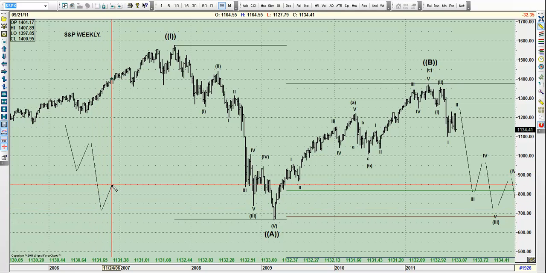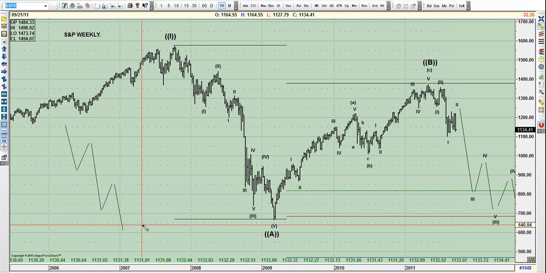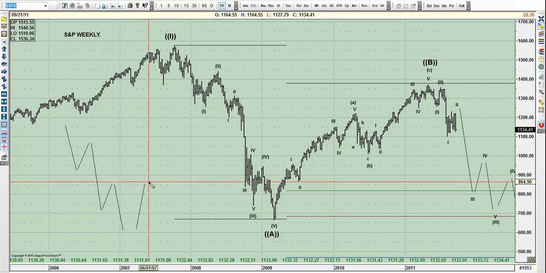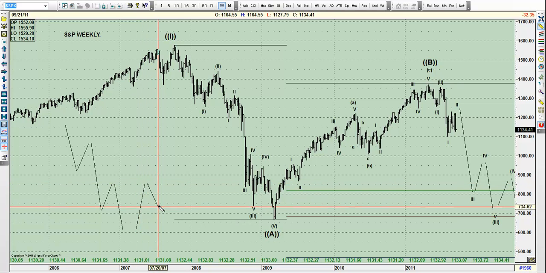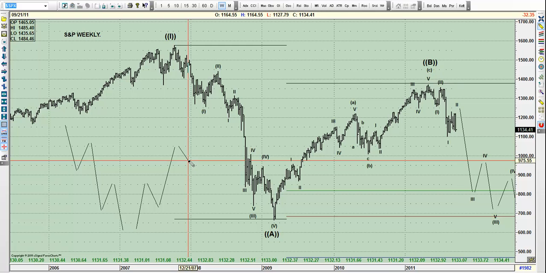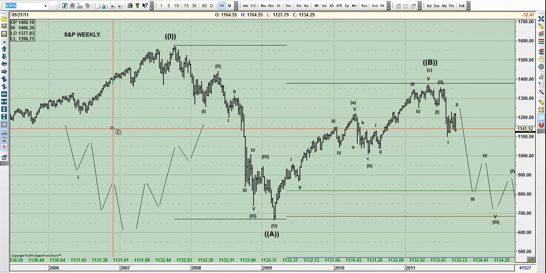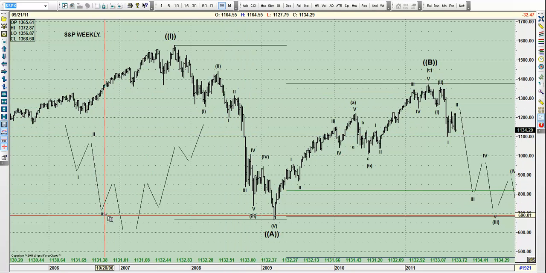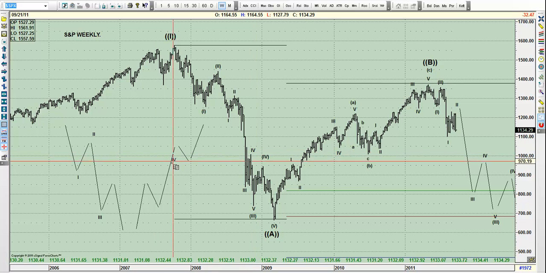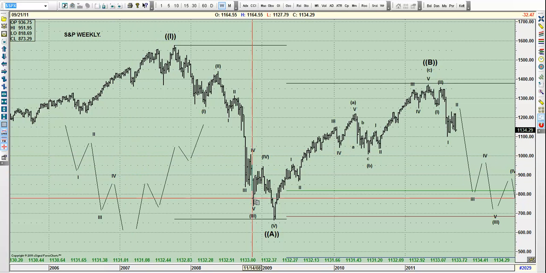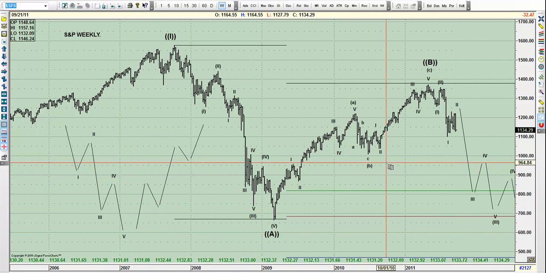In the bear market, that's a motive wave. In a bull market, of course, it is upside down. Now, in the motive wave, as you guys can see, you can label it like 1, 2, 3, 4, and 5.